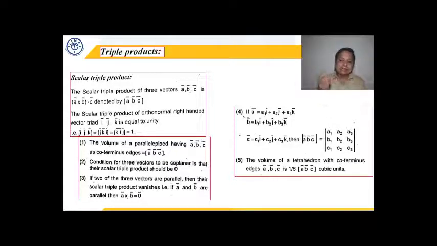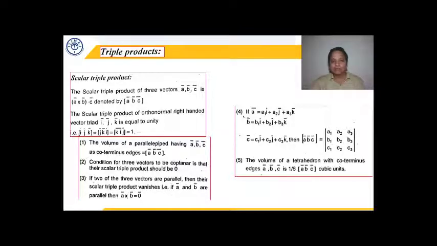And the volume of a tetrahedron with coterminous edges A, B, C is 1/6 of the scalar triple product, in cubic units. So the straight away formula where we wish to find the volume of a tetrahedron is 1/6 of A, B, C.